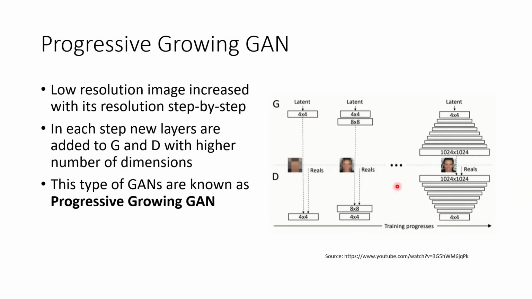With the training process, you can increase the number of layers, and in this layer, you can get 1024 by 1024 resolution. Then you will get a very high quality, high resolution image, generated from the very low resolution image. So this is another good application of GANs, which is known as the progressive growing GANs.